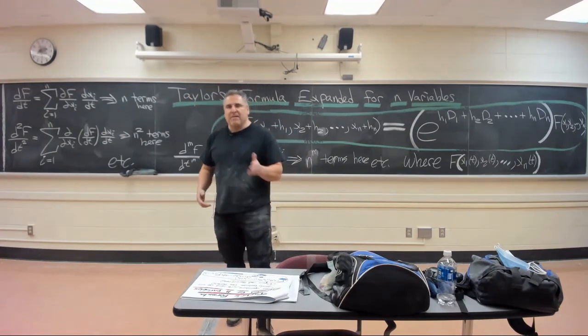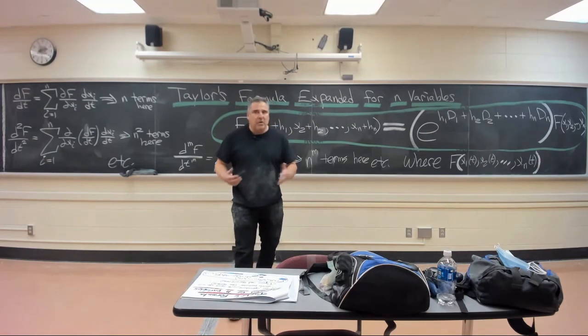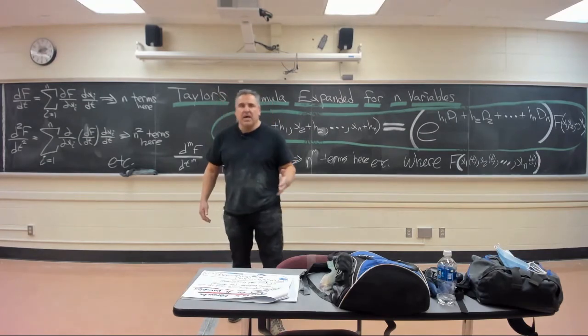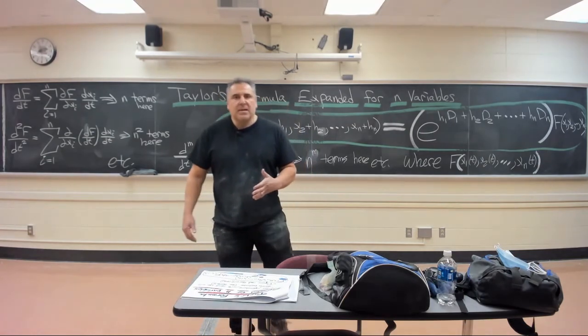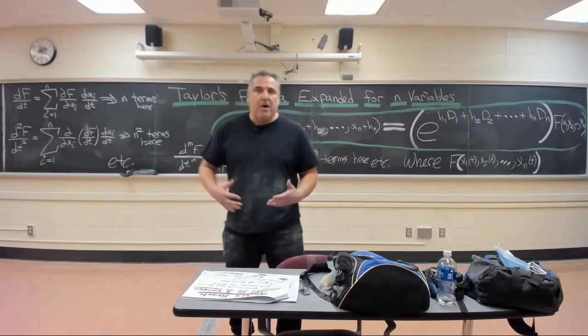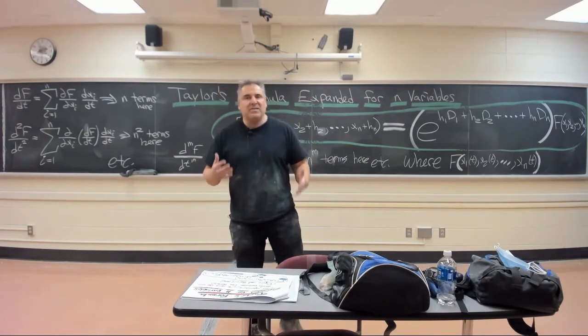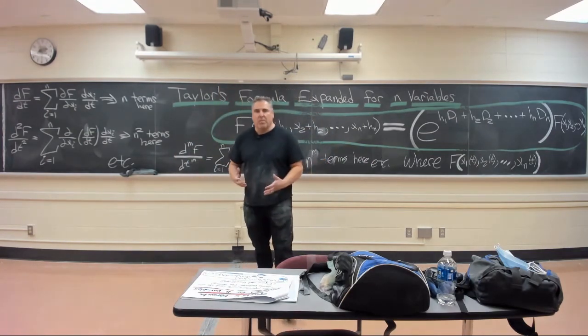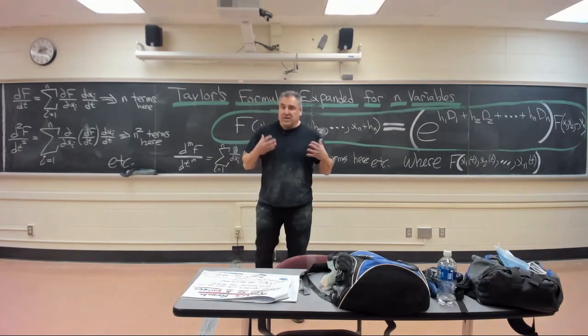Once you make every single variable of the n variables a function of t, you have parameterized all the variables as a function of t. Each variable is a function of t. The entire function becomes a function of t, and you're basically doing Taylor's formula as a function of t.